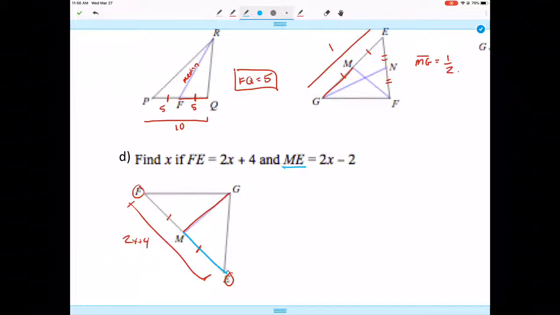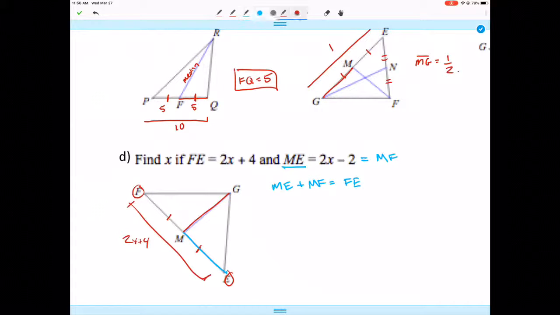This is very similar. So we know that ME is also equal to MF, and ME plus MF equals FE. So if we add both of these halves, it will give us the whole.